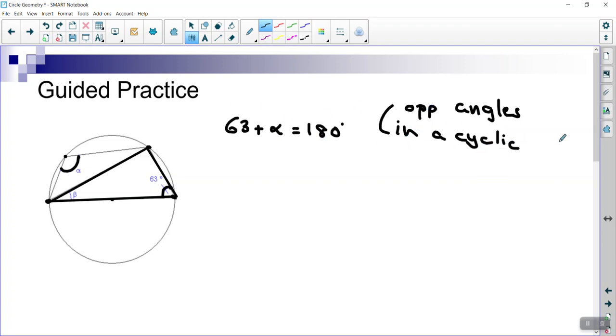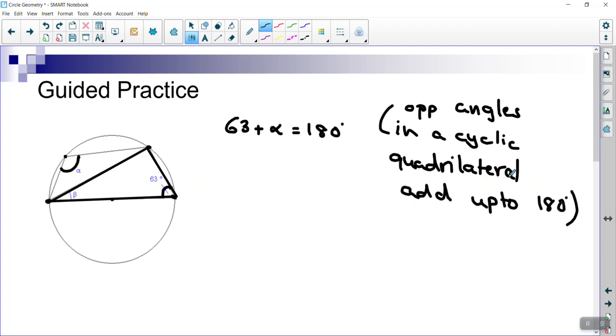Opposite angles in a cyclic quadrilateral add up to 180, or they are supplementary, which would give us alpha equals 180 minus 63, and that is 117.